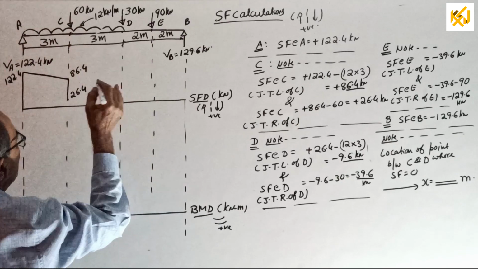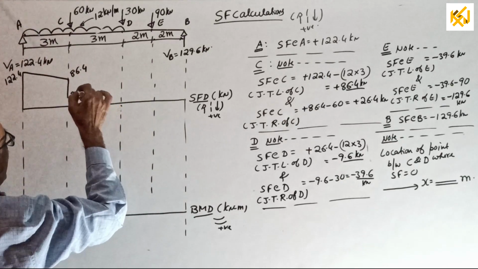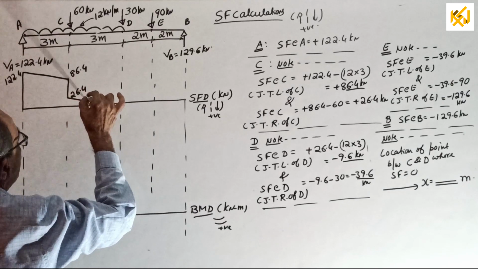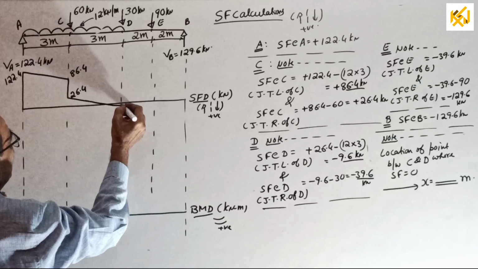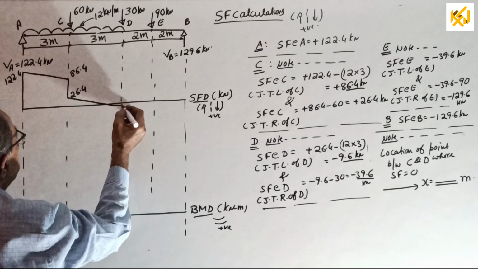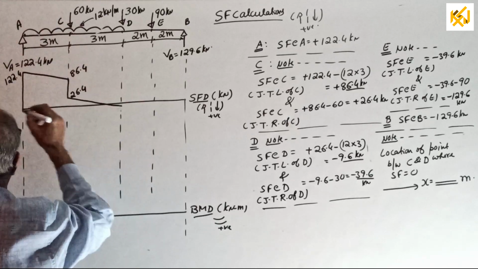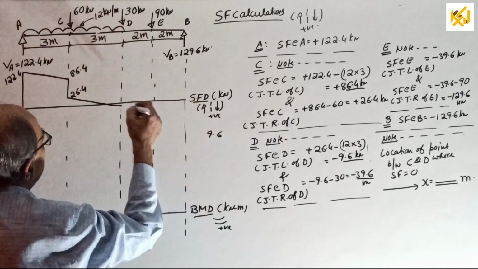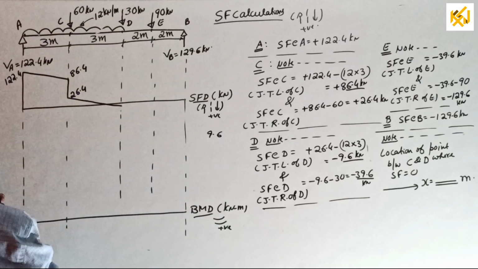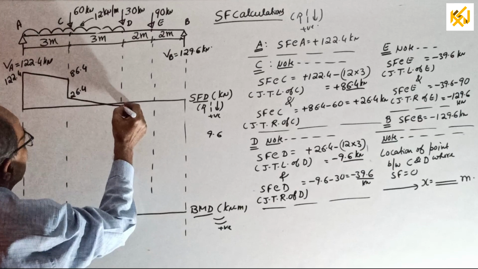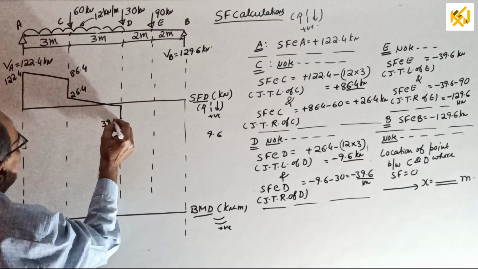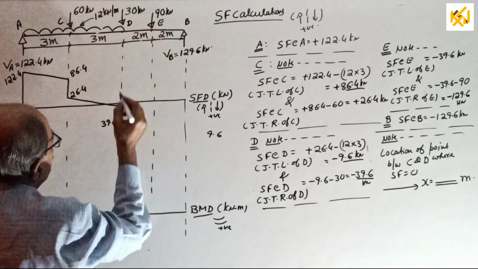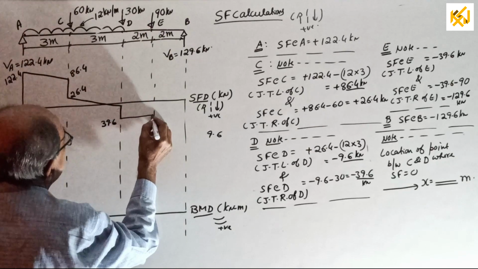See, I will slightly make it more here. Okay, reasonably okay. The value is 9.6. I'll enter 9.6 later. Come down by 30, minus 30, minus 39.6. From here to here, no load, go parallel to baseline.